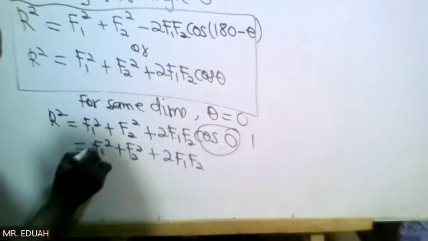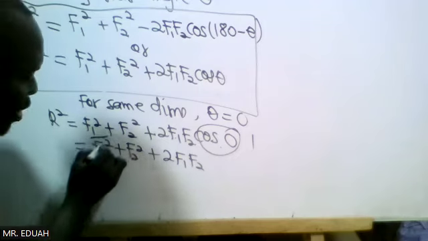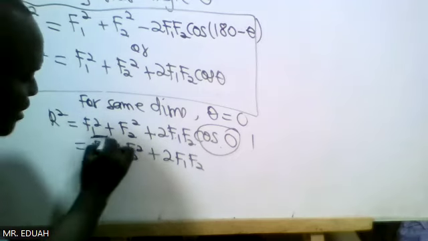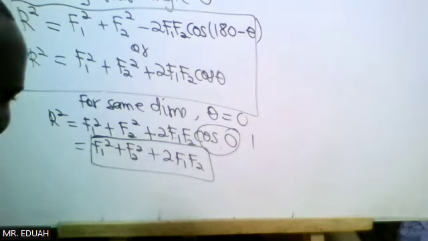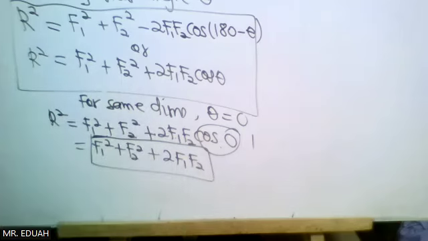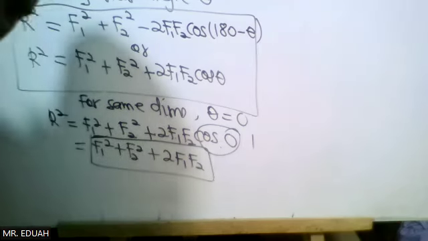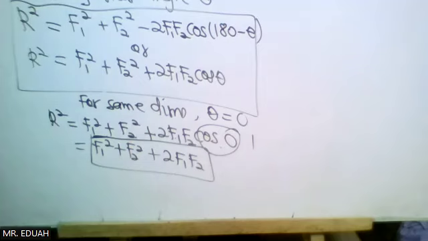Please, class, what is F1 squared plus F2 squared plus 2 F1 F2? What is this? Yes, Gabriel, your hand is up.